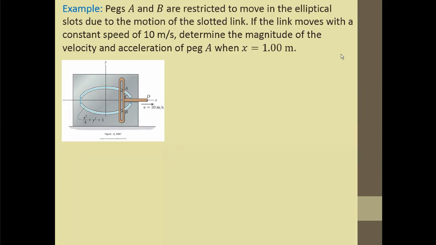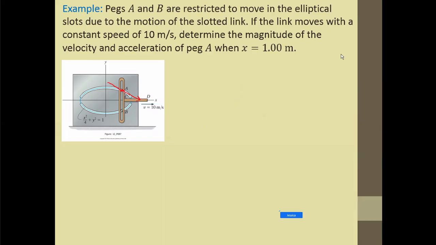So for peg A, we need to find the position xy coordinate of A. At A, the velocity is tangent to the path, so the velocity direction should be like this. Then we can resolve the velocity into x and y components.